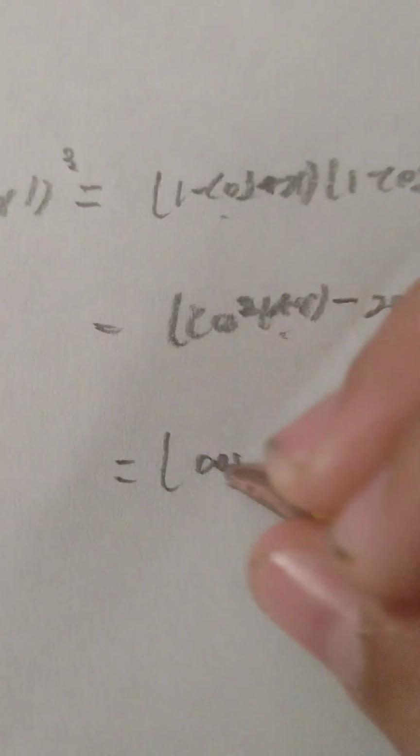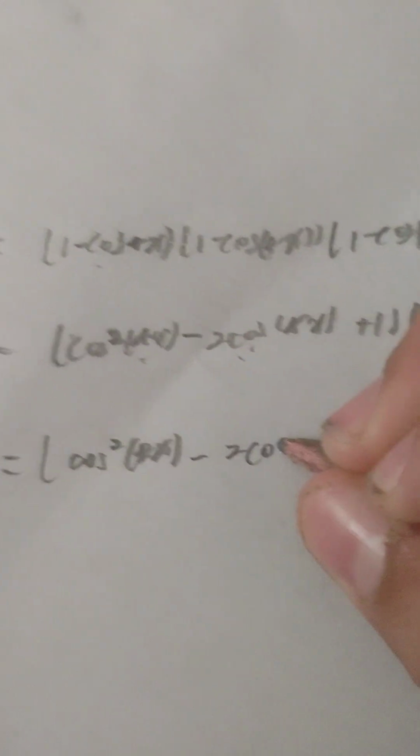So this multiplied by this is cosine squared 4x. This multiplied by this is minus 2 cos of 4x. And this multiplied by this is plus 1.